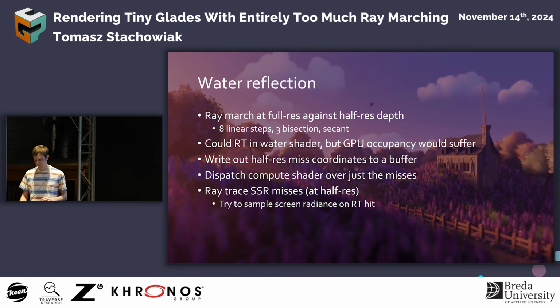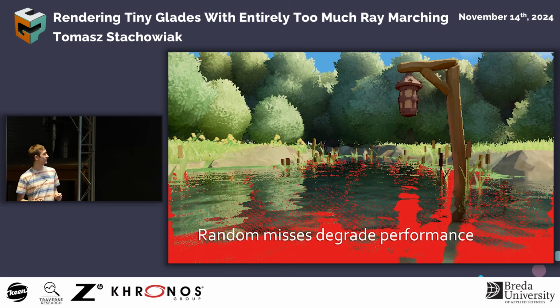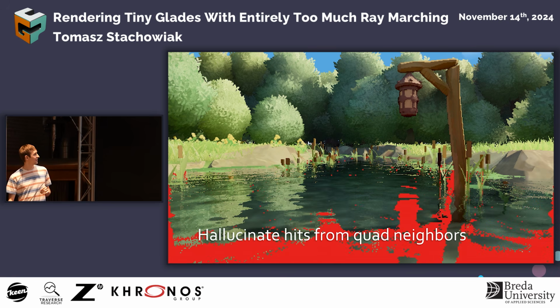And similar to GI, we sample the screen space if the hit from ray tracing happens to be on the screen. There's a little bit of a caveat with that, which is that due to the random nature of ray marching and the waves, you end up with this kind of random pepper and salt noise where the SSR has missed. And it's kind of annoying because you can just guess that it will be similar, and that's where we apply our little hack, and we hallucinate additional hits by just looking at neighbors in quads.